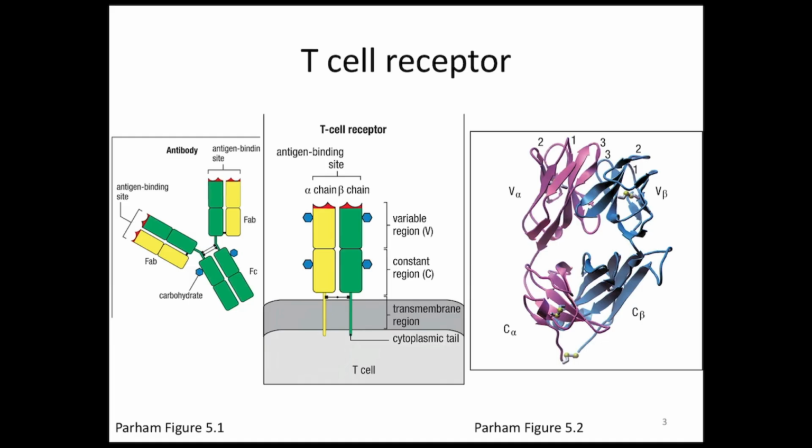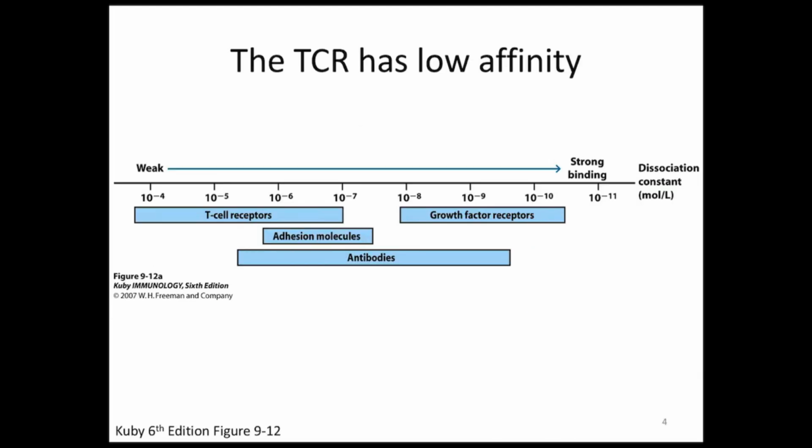So we also have to think a little bit about T cell receptors as receptors. And remember, of course, we talked about the B cell receptor as a receptor and its pros and cons. In particular, one thing to be aware of about the T cell receptor is that it has rather low affinity for MHC plus peptide.